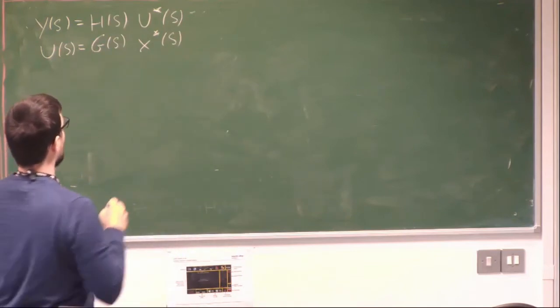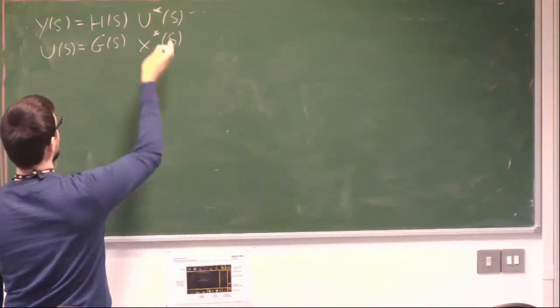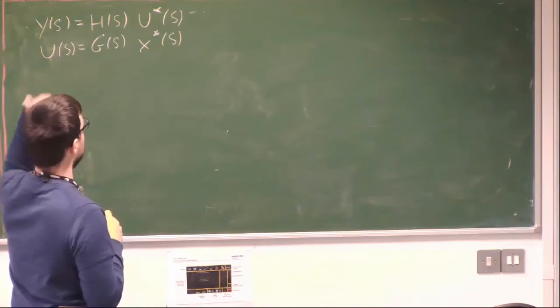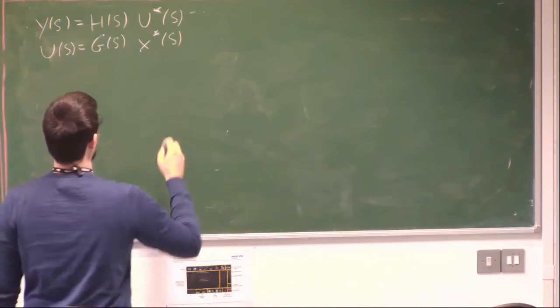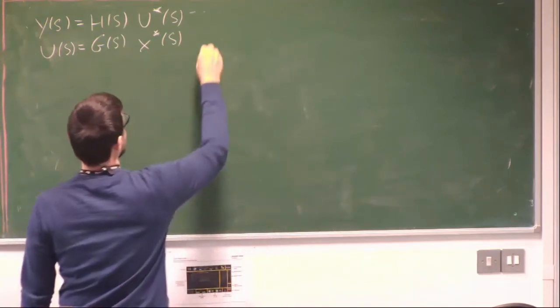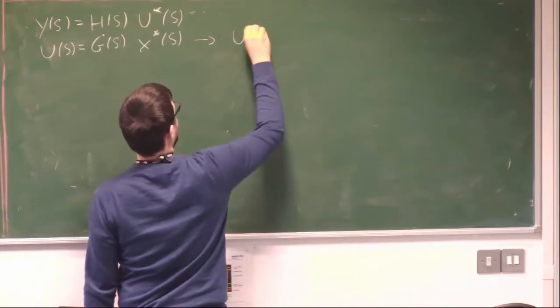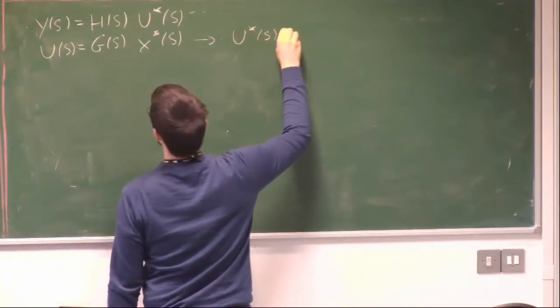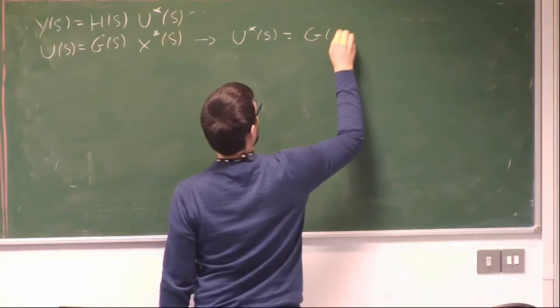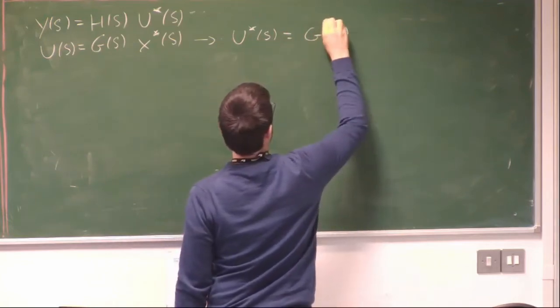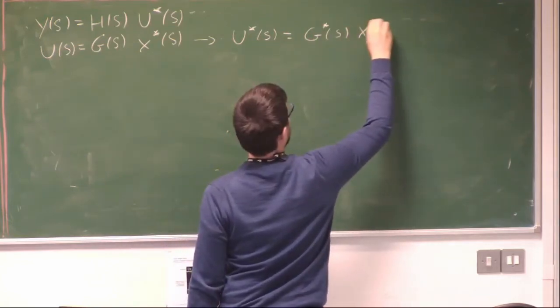Now, first of all, we compute the starred version of the second, or both of them, as you prefer, it doesn't change anything. So let's compute the starred version of this, and we have that u*(s) is equal to g*(s) times x*(s).